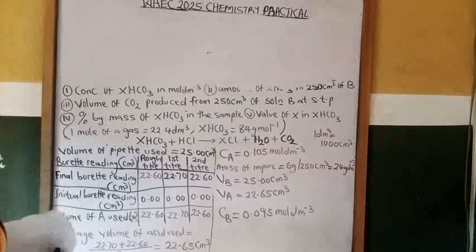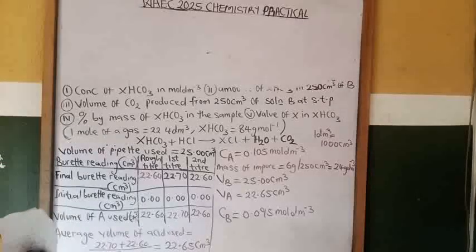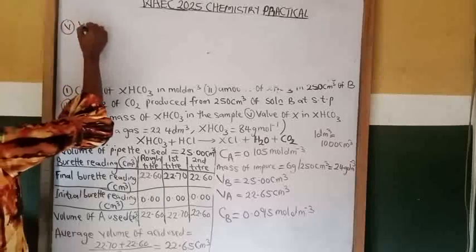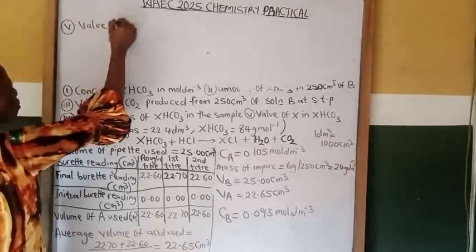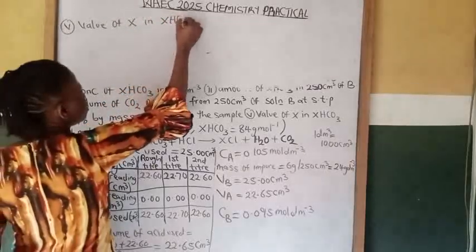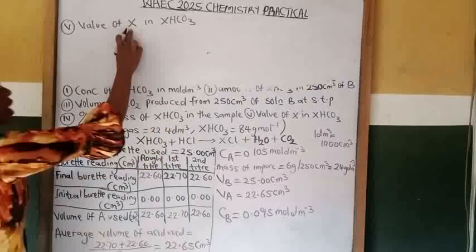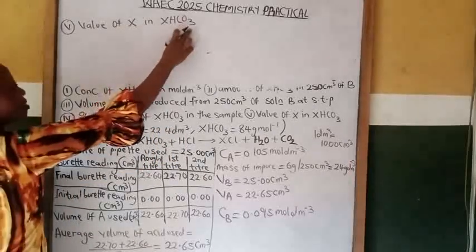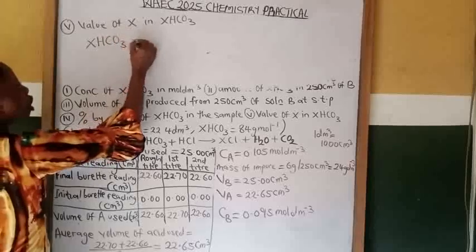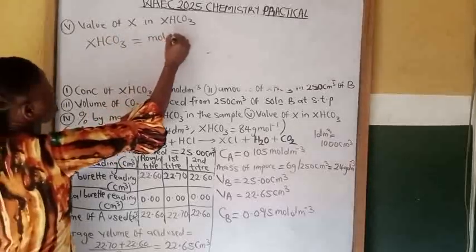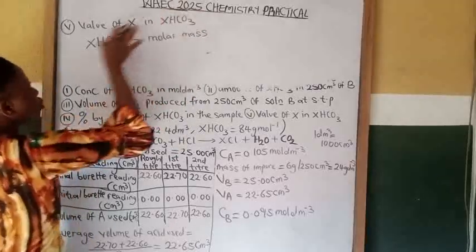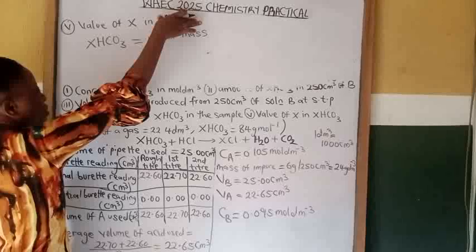I'm looking for the value of X in XHCO3. So to get the value of X inside this XHCO3, XHCO3 is equal to the molar mass of this compound.